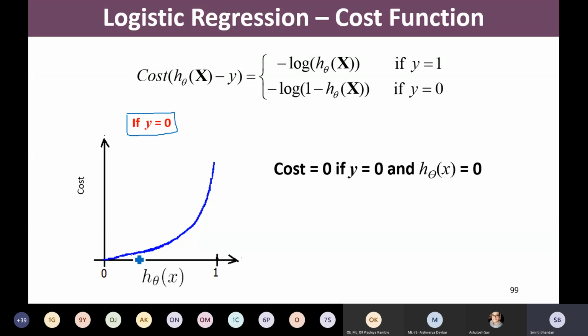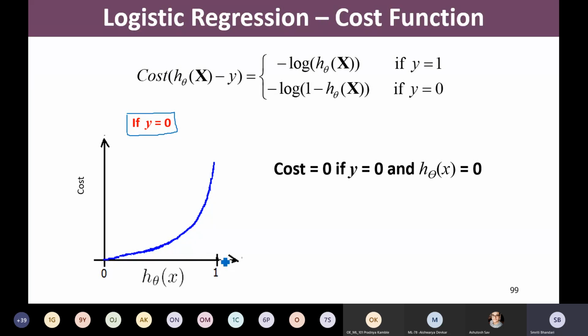But as we move on and as this h theta x approaches 1, what will happen? We are differing from the actual class. So if y is 0, that means the actual class is 0, and if we are predicting h theta x which is non-zero, obviously we have some error associated.